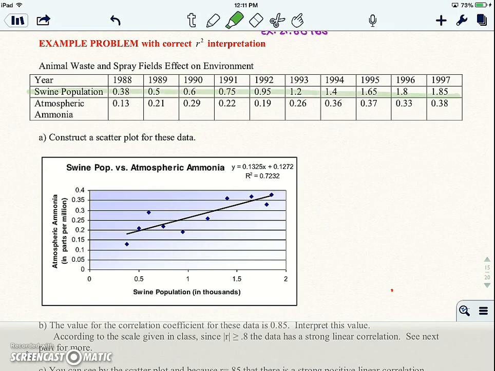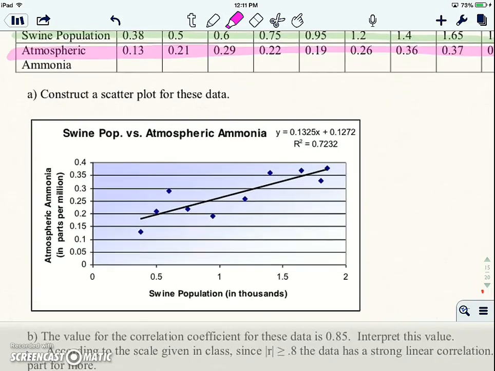And at the same time, they took measurements of atmospheric ammonia. I'm not sure how they got those measurements, if it's always in the same spot or whatever. These are always questions you would want to ask. Did they block for it? Was it a random sample of swine and a random sample of atmospheric ammonia? I don't know. But now that we have our data and you want to ask those questions, I've gone ahead and graphed it. I made our line of best fit.